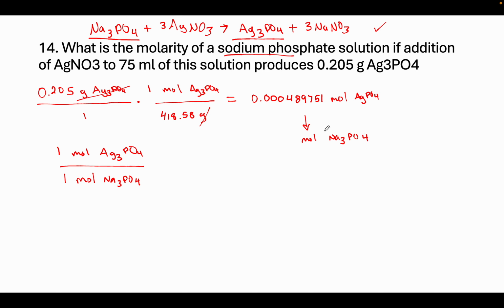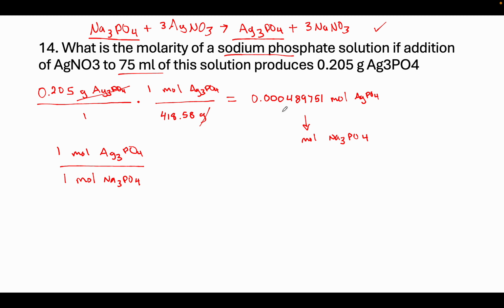Sodium phosphate. Okay. Now they want the molarity. 75 milliliters. Oh, almost forgot.